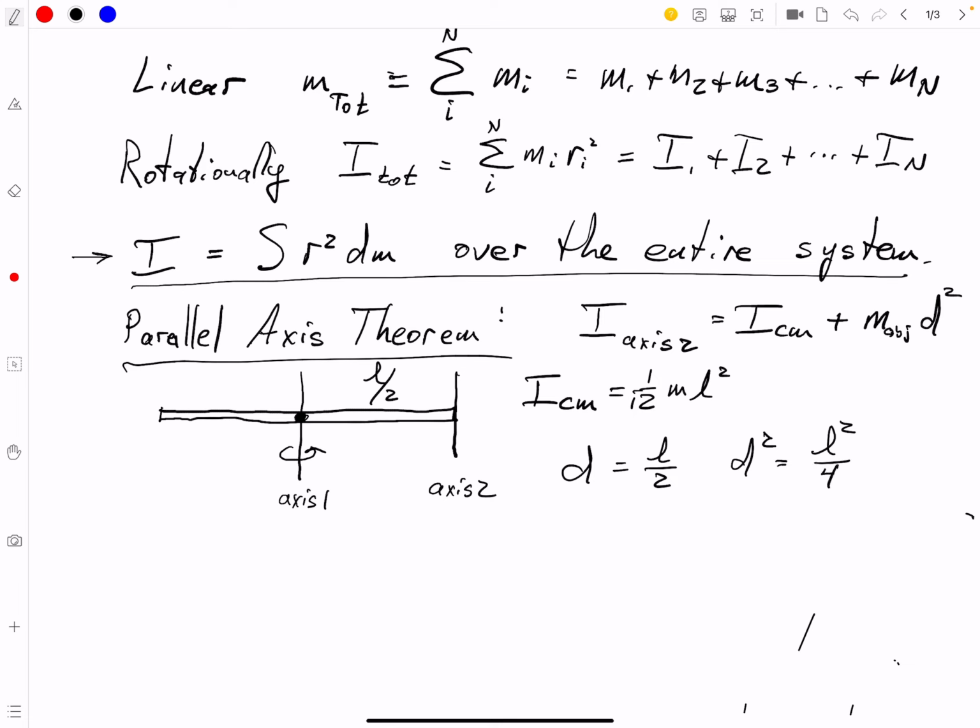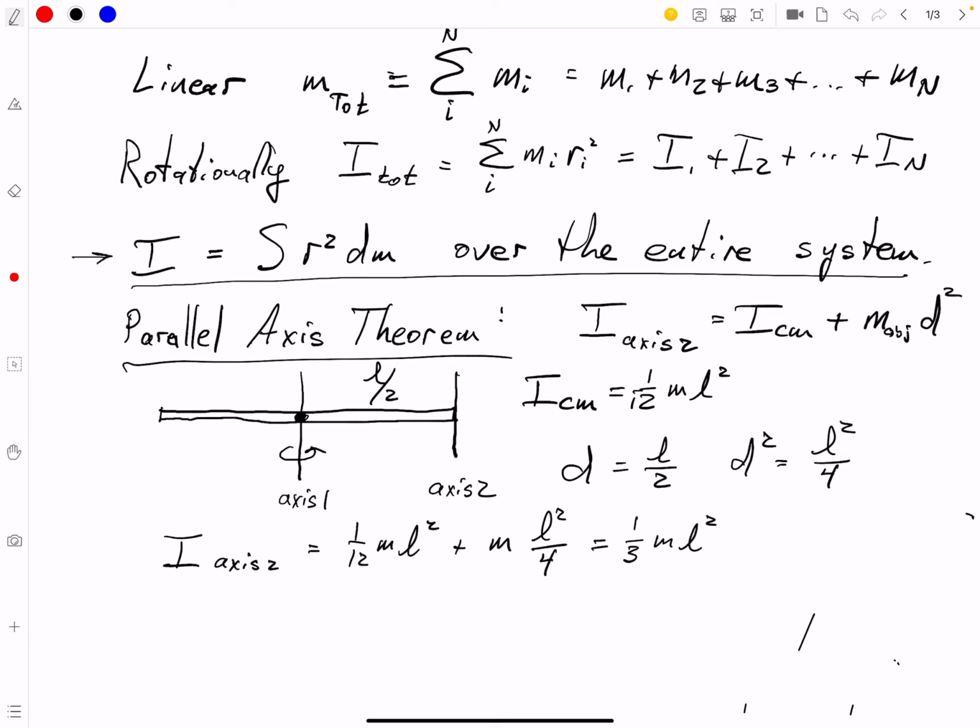And now we can write I axis 2 is equal to 1/12 mL squared plus our mass times L squared over 4. And that comes out to be 1/3 mL squared.